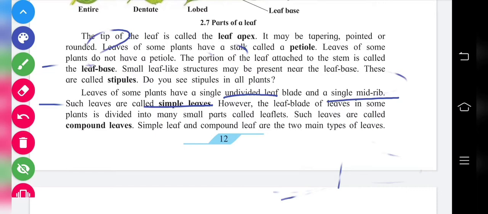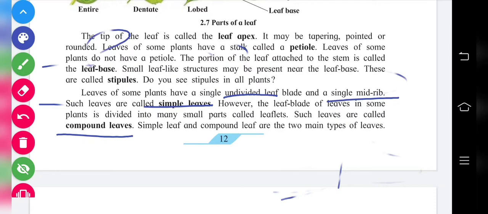However, the leaf blade of the leaves in some plants is divided into many small parts called leaflets. Such leaves with leaflets are called compound leaves. So there are two types of leaves: one is the simple leaf and the other is the compound leaf.